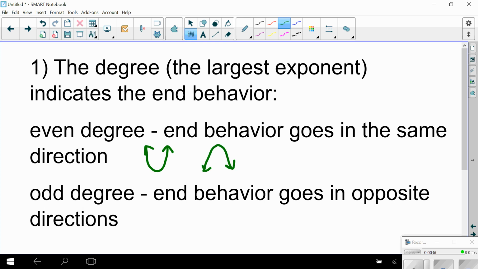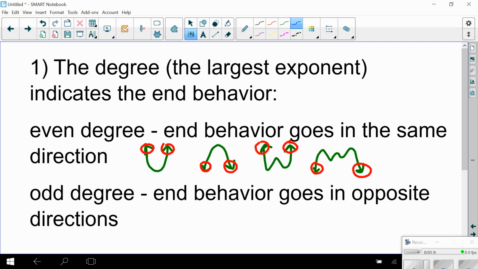That's a quadratic, so my degree is 2, but we could have a 4th degree, or a 6th degree. Regardless, notice that both of the arrows are always pointing in the same direction.